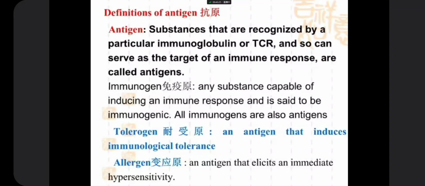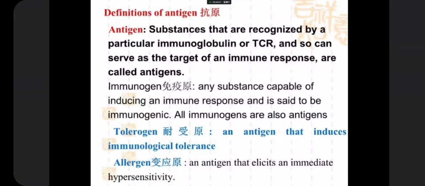For example, immunogen, 免疫元. That means any substance capable of inducing an immune response and is said to be immunogenic. All immunogens are also antigens.